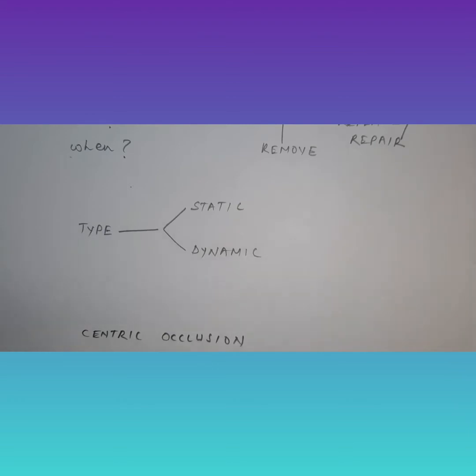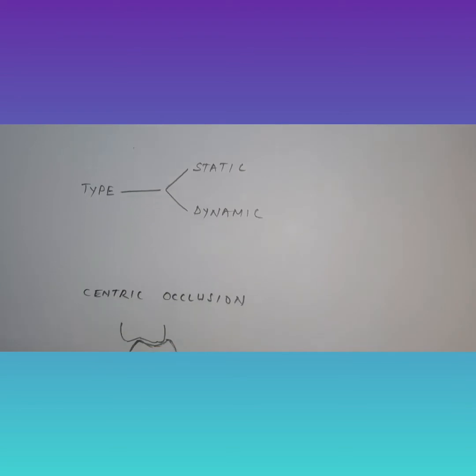Now let us study each of them. Majorly, when we study static occlusion, we talk about centric occlusion, centric relation, and freedom in centric relation. So let us understand each of these. What is centric occlusion? Centric occlusion is basically the maximum intercuspation position. You can call this the bite of convenience or the habitual bite of the patient.